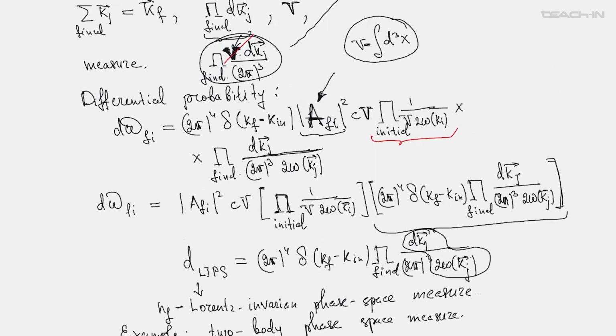The question is, what do you mean by it? In principle, there is no transition probability because this is not a scattering process. If you have a bound state, then the bound state belongs to a different part of the Hilbert space. In the lecture I gave last time, devoted to the foundations of scattering theory, I explained the assumption of asymptotic completeness of the Hilbert space, which means essentially that the Hilbert space is divided into two parts.